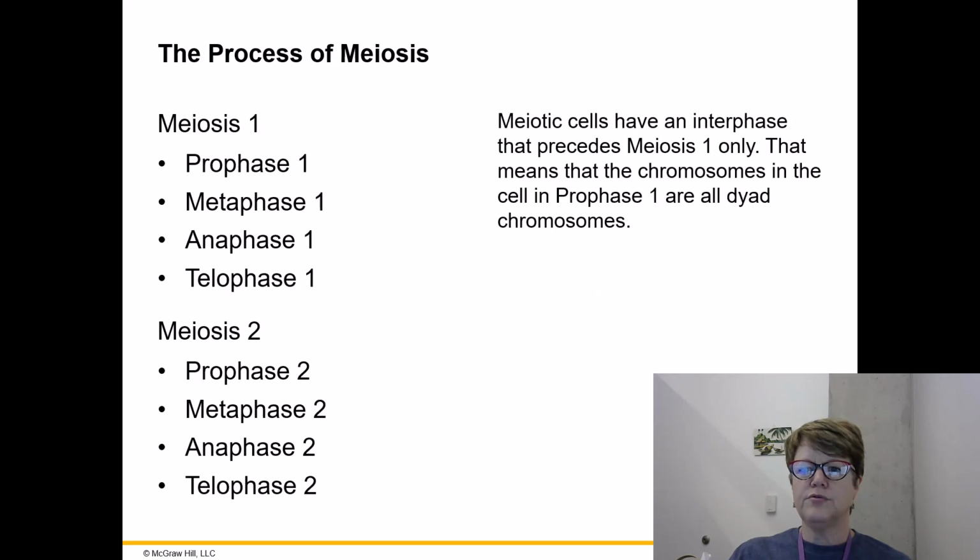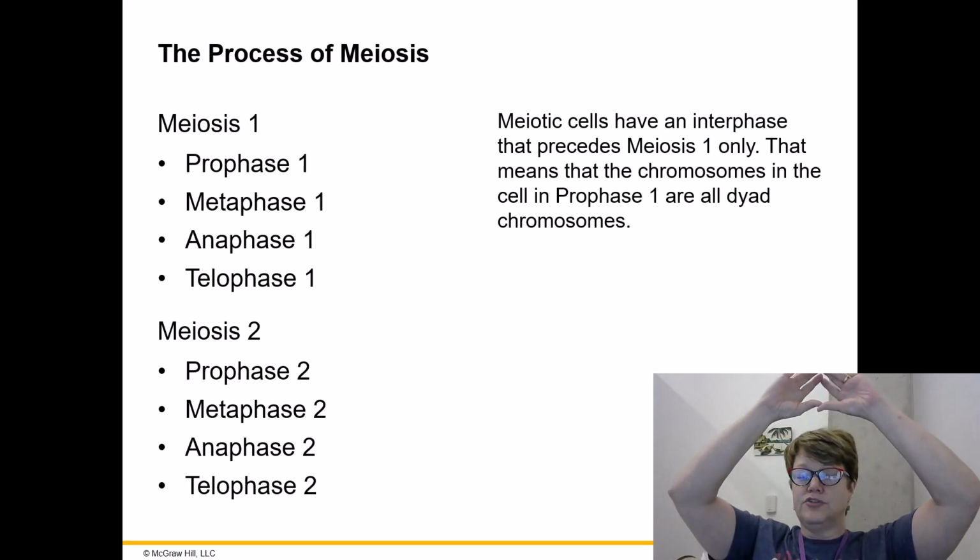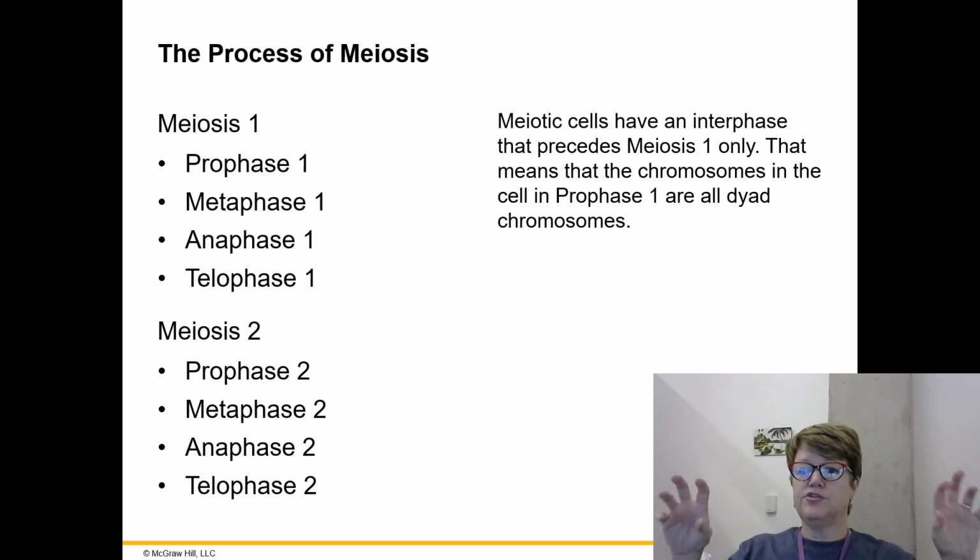So let's go through the process of meiosis, and we're going to dig down a little bit into this meiosis 1 and meiosis 2 bit. What happens in meiosis 1 is the separation of chromosome sets. You start with a diploid cell, and at the end of meiosis 1, you have 2 haploid cells. But the diploid cell that you start with had dyad chromosomes, and the 2 haploid cells you end meiosis 1 with also have dyad chromosomes.